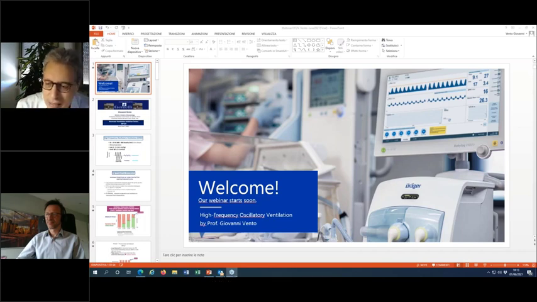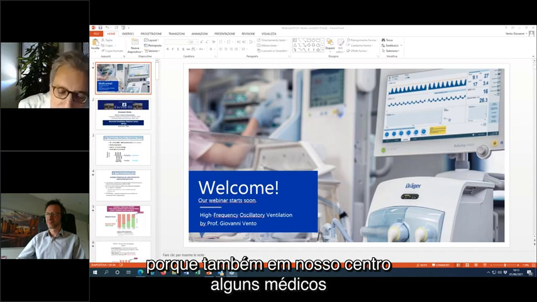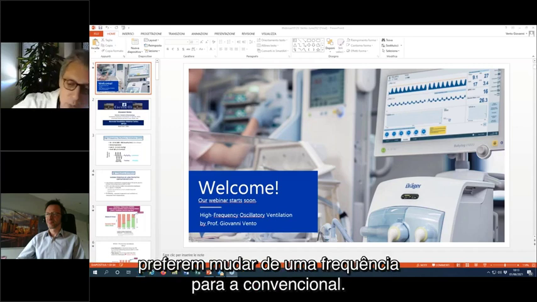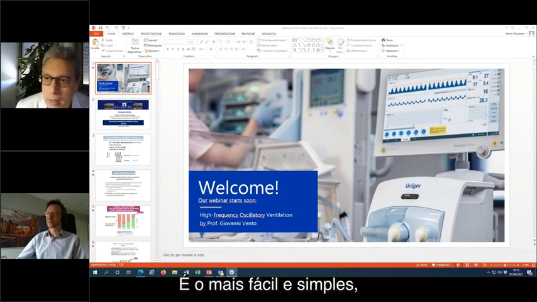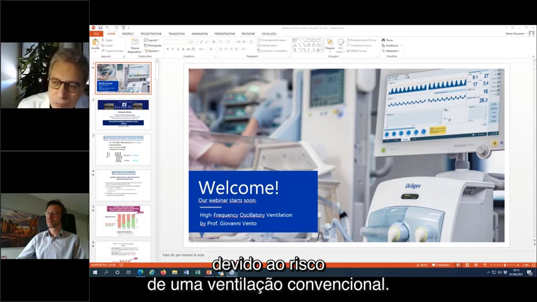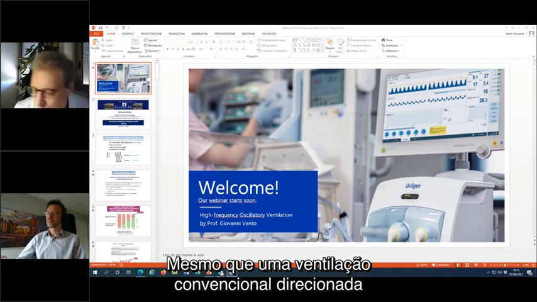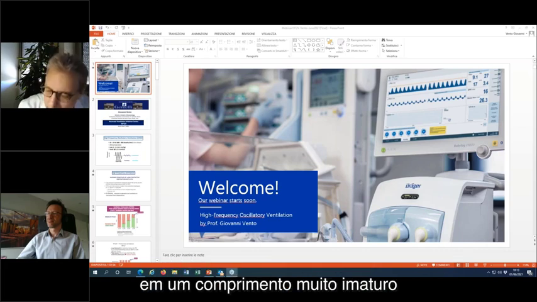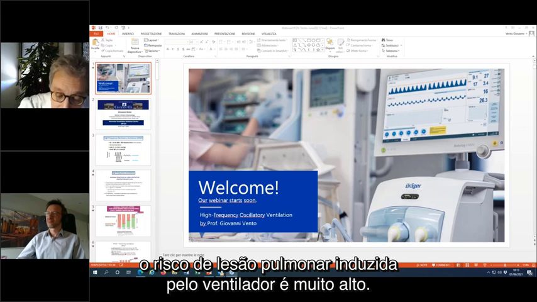I believe that in our minds we can change our philosophy, because also in our center some physicians prefer to change from high frequency to conventional because it is easier, it is simple. But in my opinion, it is not completely true, because even with targeted conventional ventilation in very immature lungs, the risk of ventilator-induced lung injury is very high.